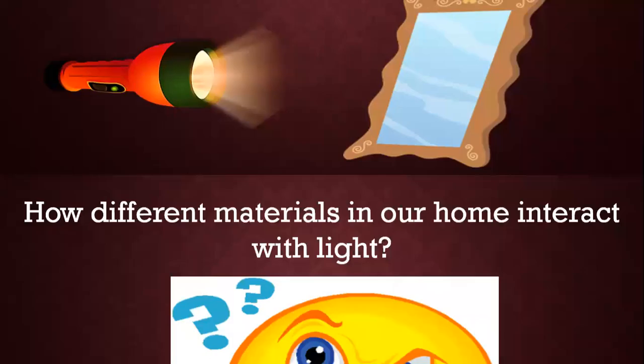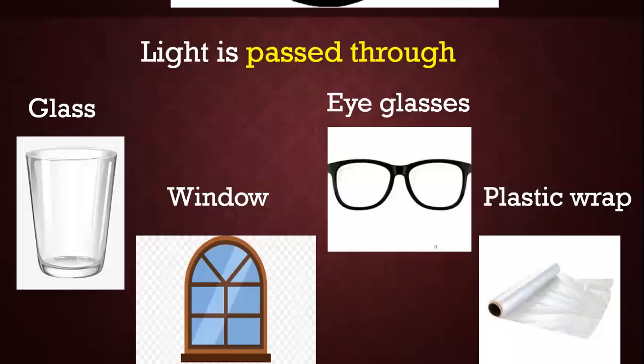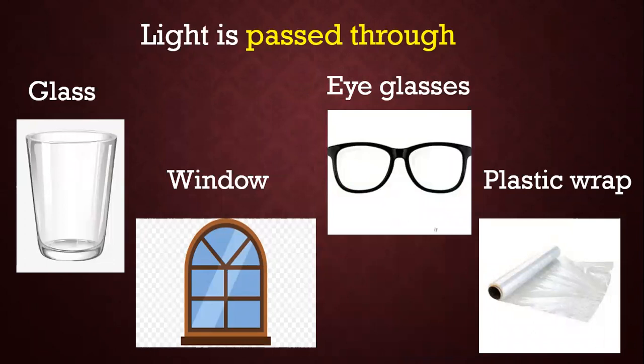Could you explore now how different materials in our home interact with light? How could you think light interacts with glass, windows, eyeglasses, and plastic wrap? Try to think. Very good. The light passes through all of these objects. All of these objects allow the light to pass through.